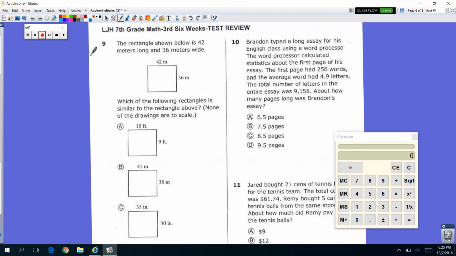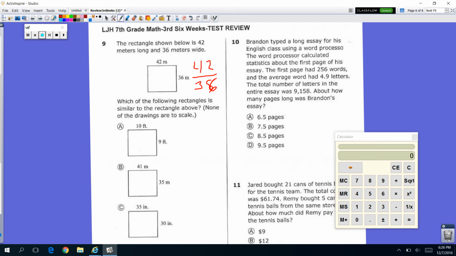You have to figure out which one's similar to 42/36. So you turn that into a ratio, 42/36. And when you simplify it, you simplify it because it's easier to work with a simplified ratio.